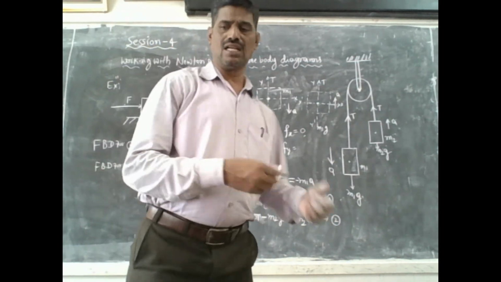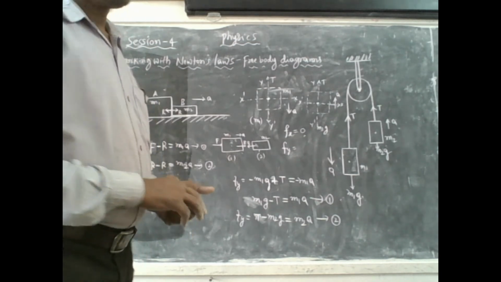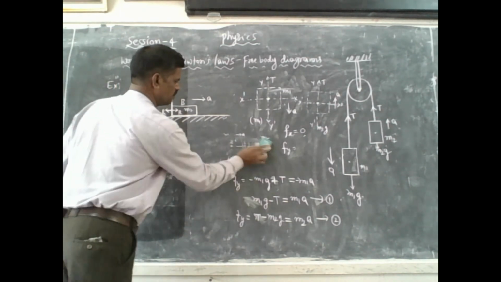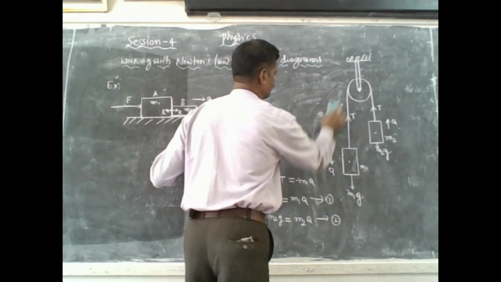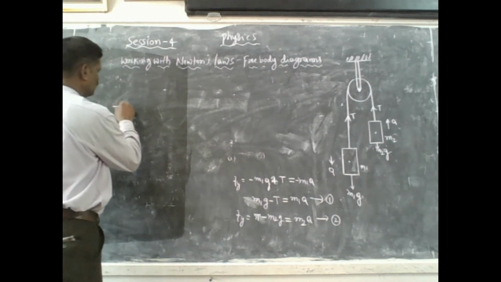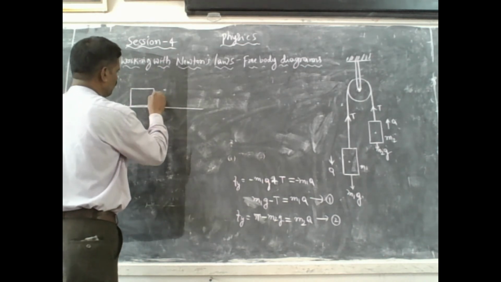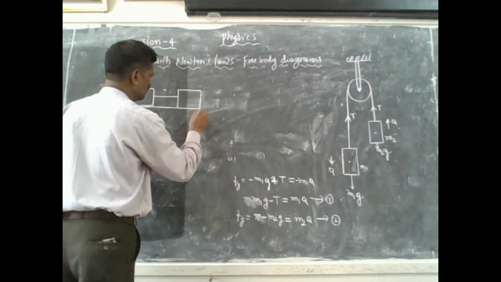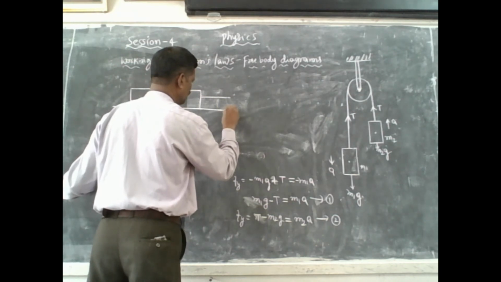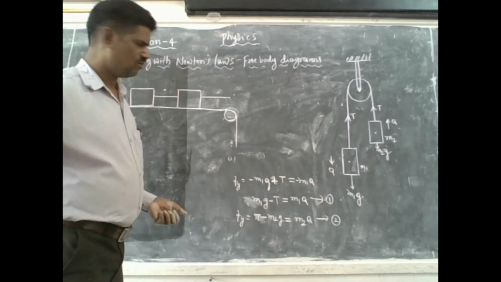And also I will show another example. So consider a body A and B. There are two bodies on horizontal rough surface which are pulled by a rope over a pulley.